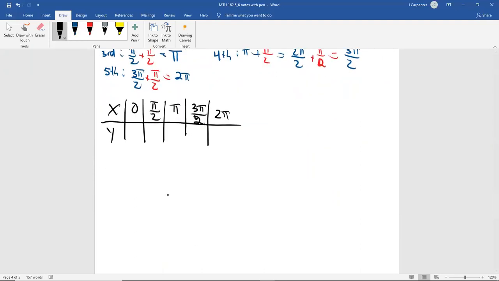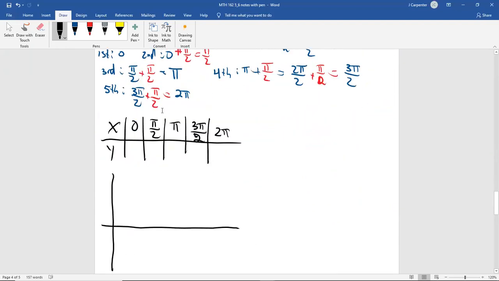Well, we know the first, third, and fifth are going to be the undefineds. If you don't trust me, go ahead and draw up what we were doing for a cosecant. Cosecant, so we're going to draw the sine wave.